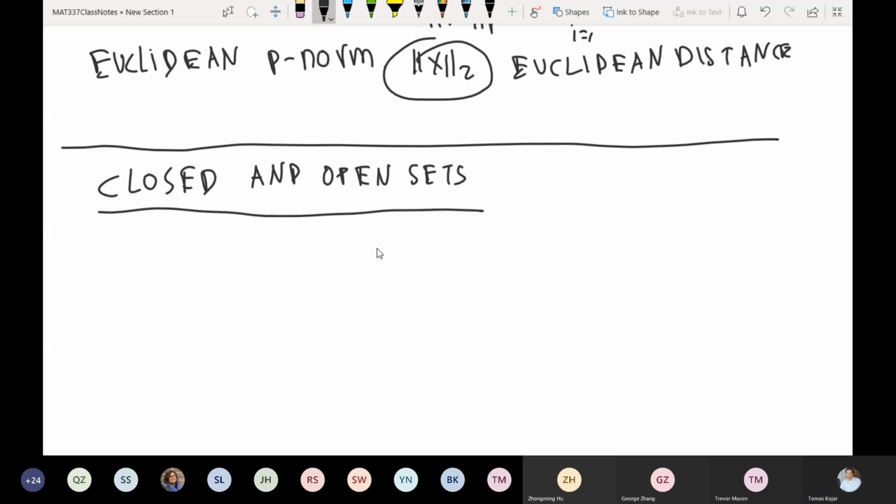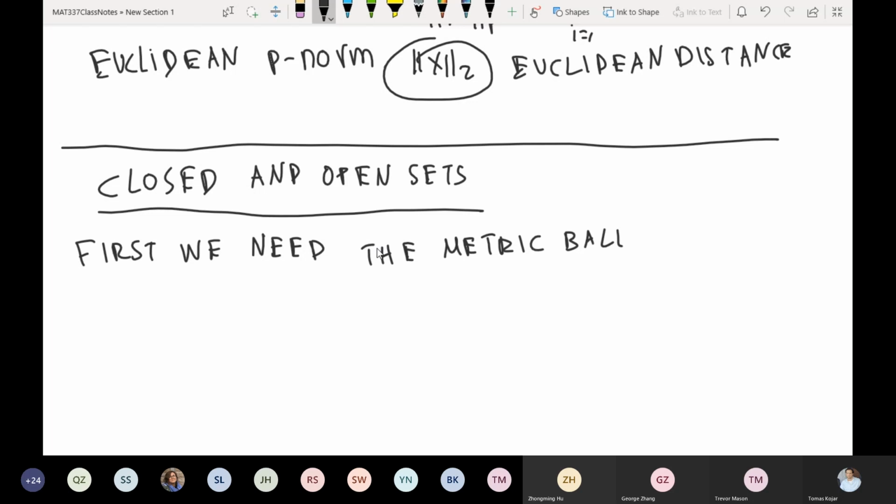Okay. So first, we're going to need the notion of a metric ball. Okay, what is that? Definition. Let x naught in R^n and R a positive number.